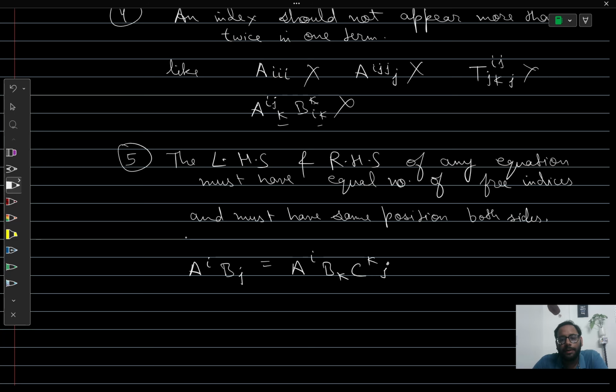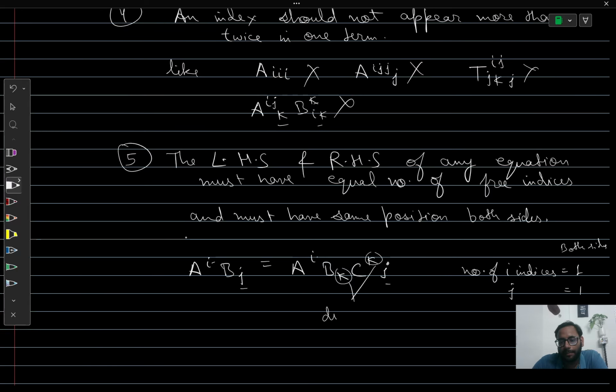Here you see that the number of i indices is 1 on both sides, and j is 1 on both sides. These are not free indices, these are dummy indices.